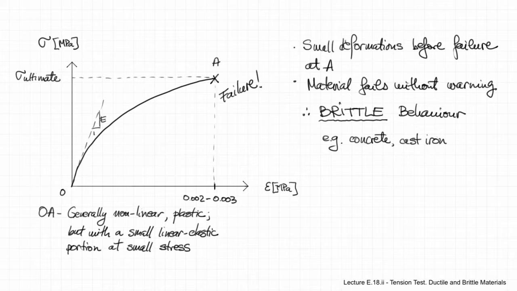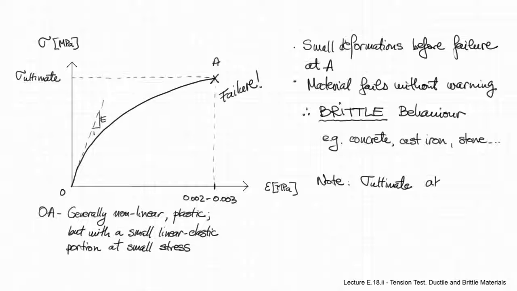glass, or if you want to play an experiment when you are next time in a classroom for another course, you can also play with a chalk that you used to write on the blackboard, and that is another example of brittle material.